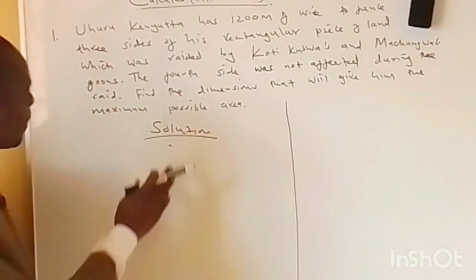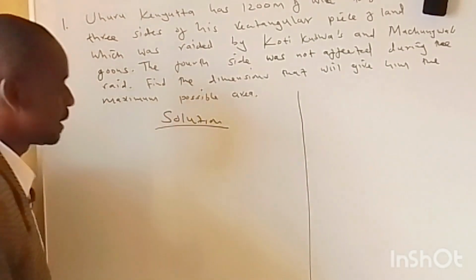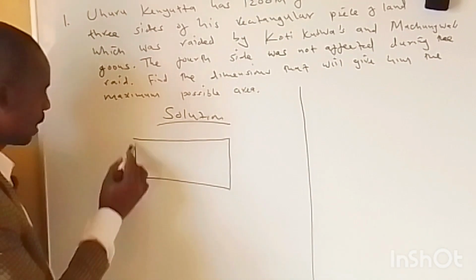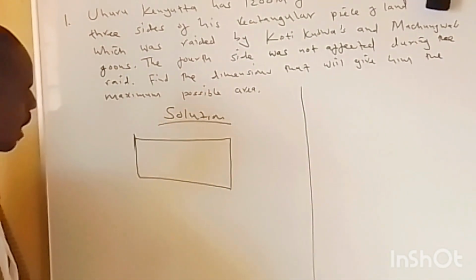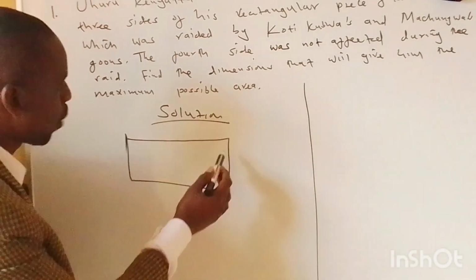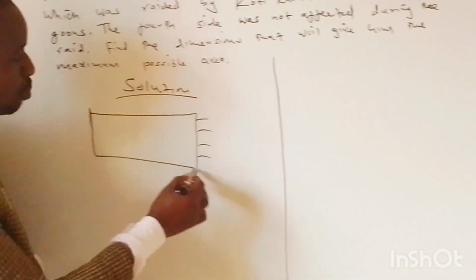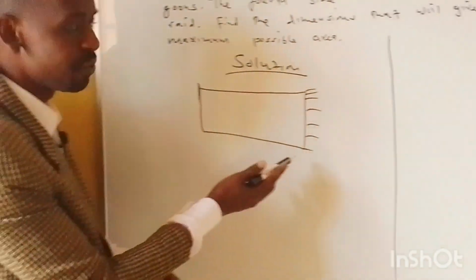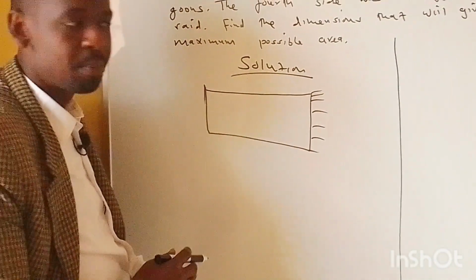Let's go back here. Now we're being told that it has a rectangular piece of land, and the one side was not affected. That means that one part of it is not going to be fenced. So the only parts which are going to be fenced are the 3 parts of it.